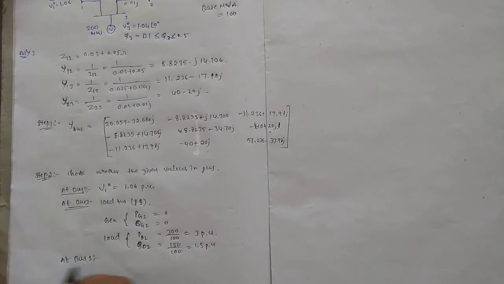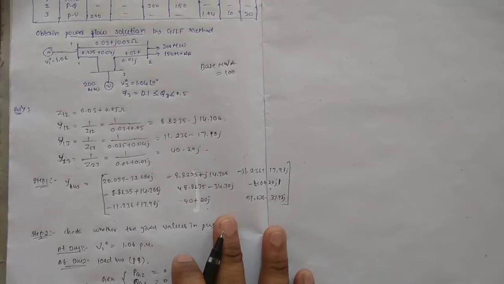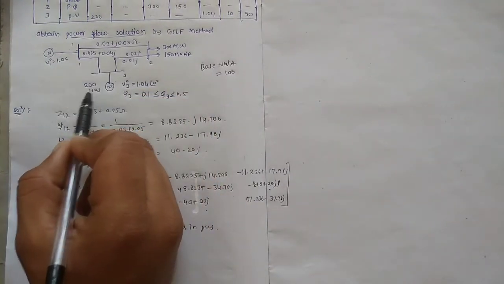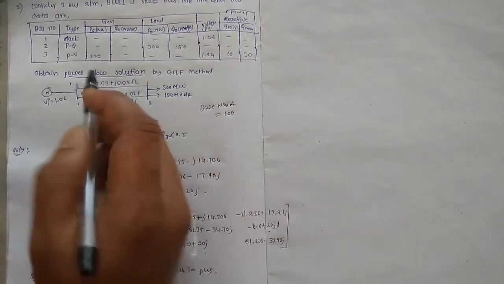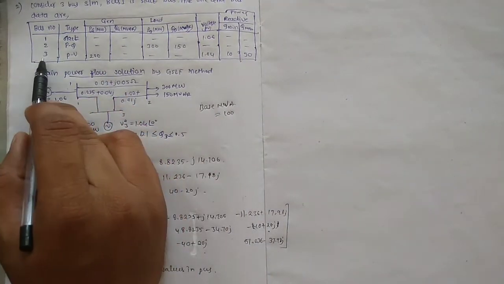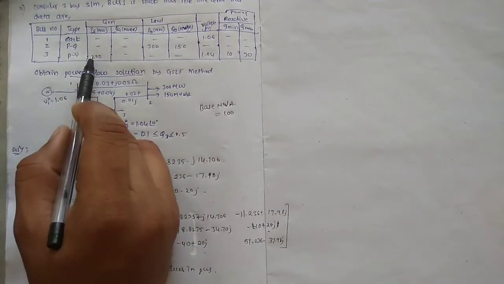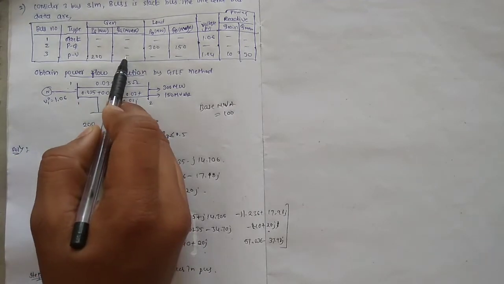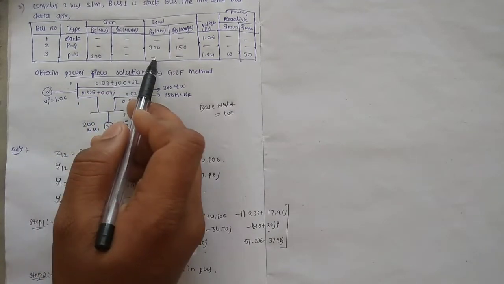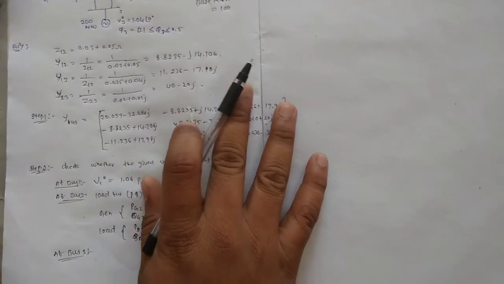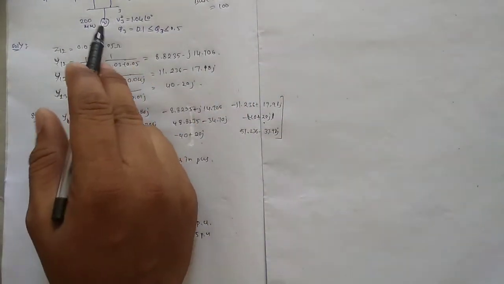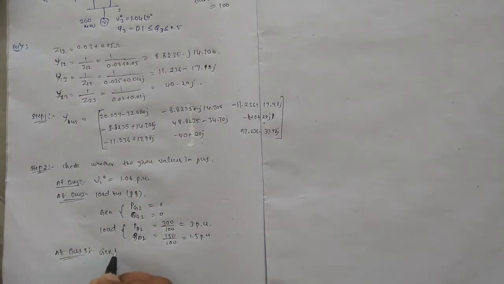Now at bus 3. At bus 3 they gave only the PG3 value, and no QG value, and the PD values are all 0. Bus 3 is a generator bus, that is a PV bus.